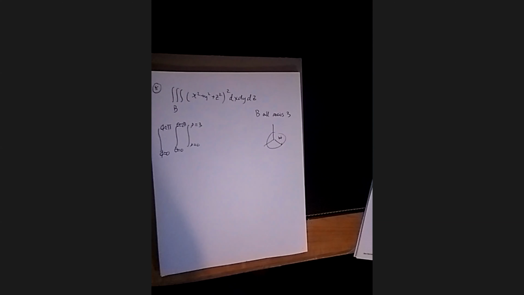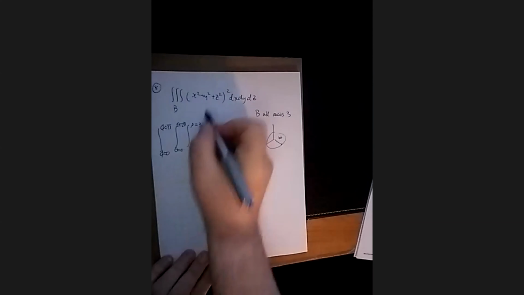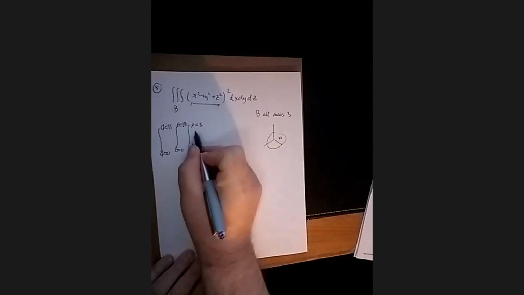Z vertical is phi equals 0 all the way down to phi equals pi. So you have to kind of grab your paper and turn it sideways because it looks kind of weird if you don't.